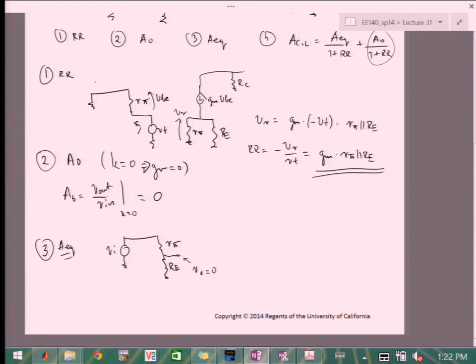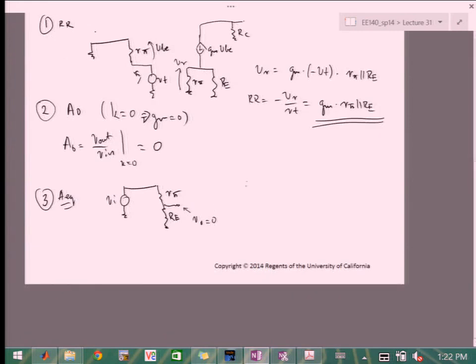Remember, we had these three terms. The first term was for the output being 0. The second term was for the gain, and the third term for the input being 0, what really gets transferred from the source, controlled source, to the output. Okay? And then here we have our normal GM VBE. VBE is, of course, here. Then we have RC.